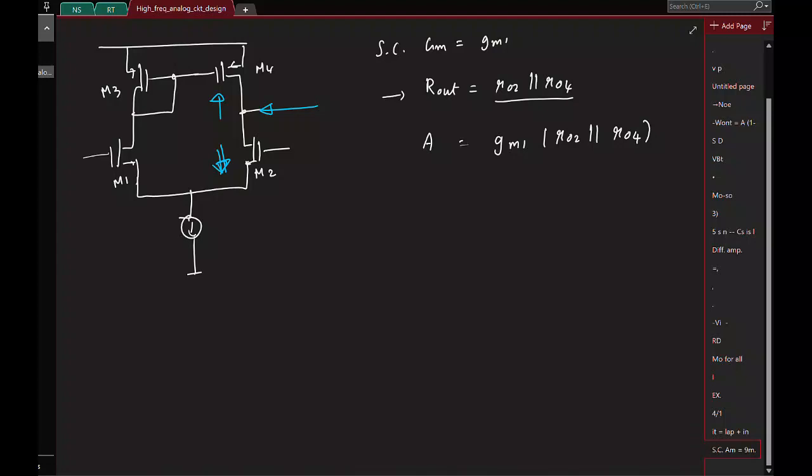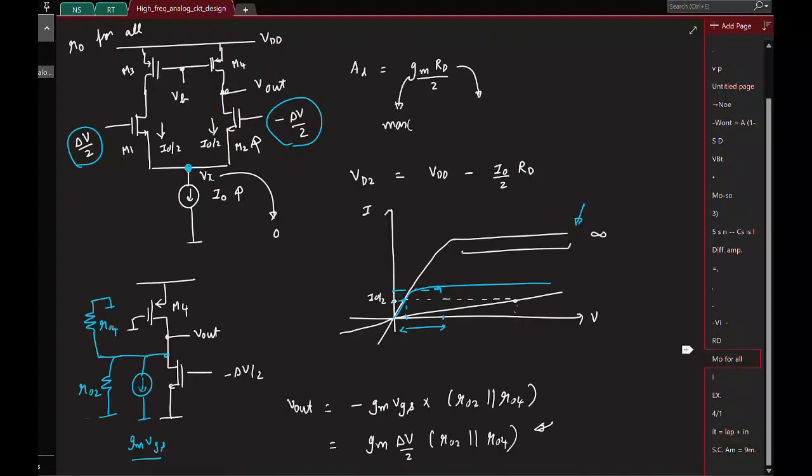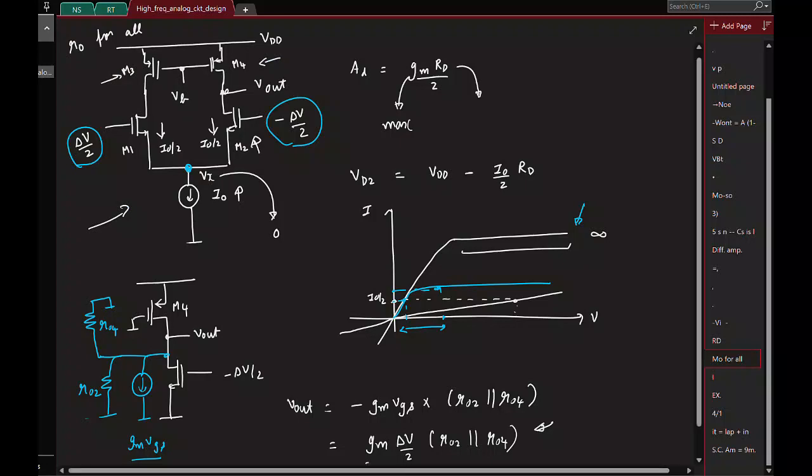And another thing to notice is the gain here is GM times R02 parallel R04, whereas when we just had the old circuit where I just had two transistors like this, the gain we had was half of it, okay, and that happened because basically here you have two halves. Since we are taking output in only one half, we are discarding the other half.